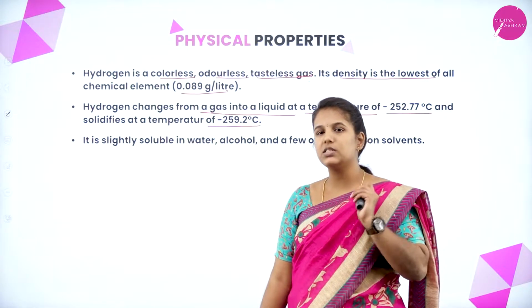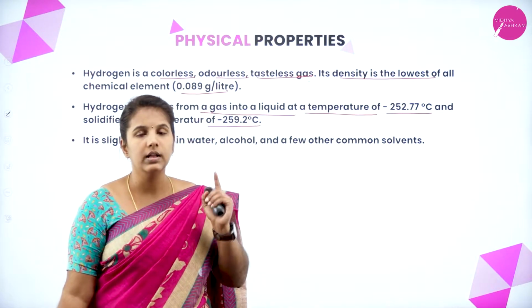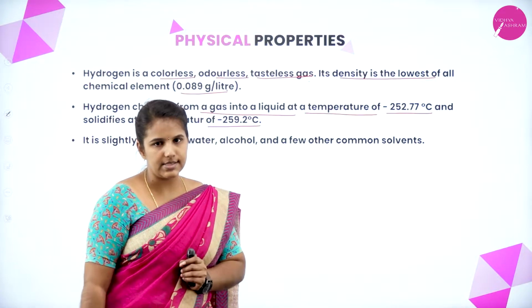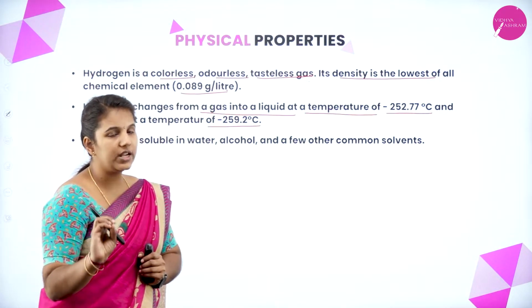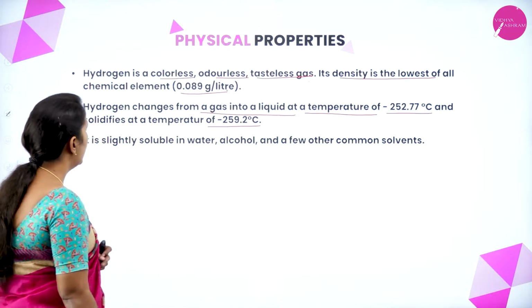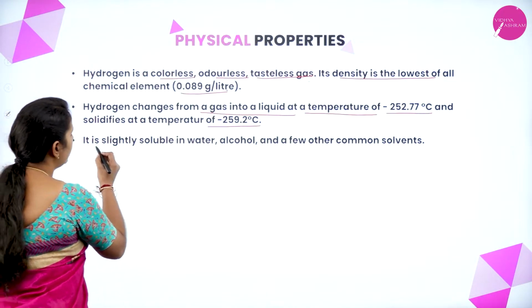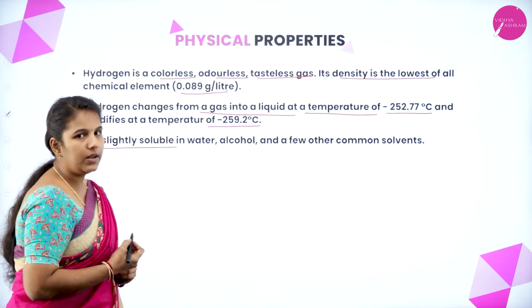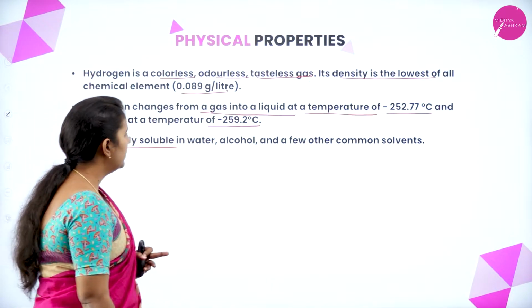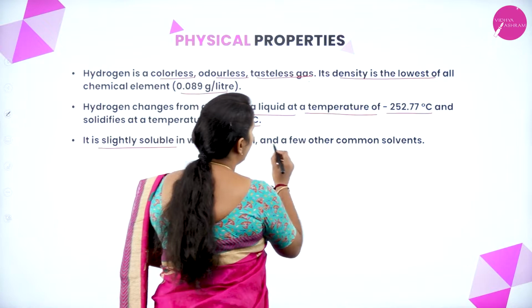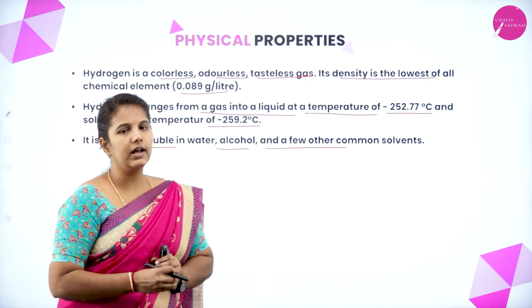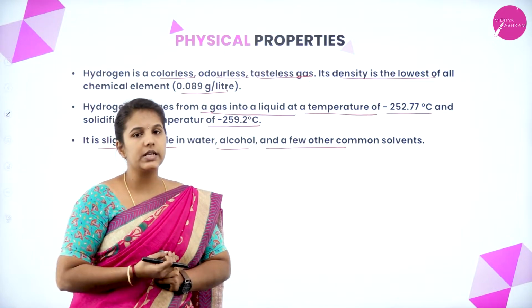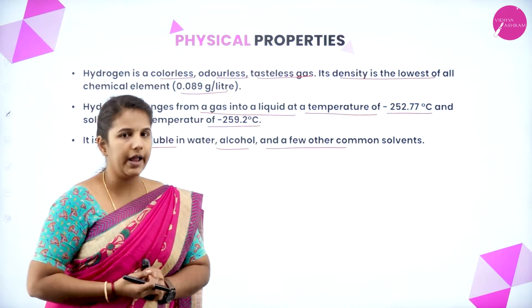So, it can change its state from gas to liquid and from liquid to gas simply by altering the temperature. And remember, hydrogen gas is insoluble in water, alcohol and other common solvents. So, these are the 3 important physical properties of hydrogen.